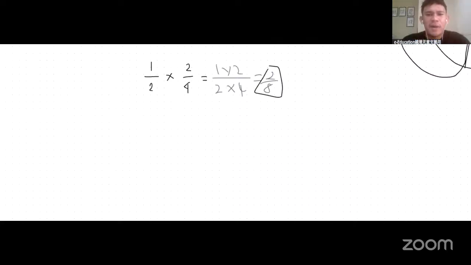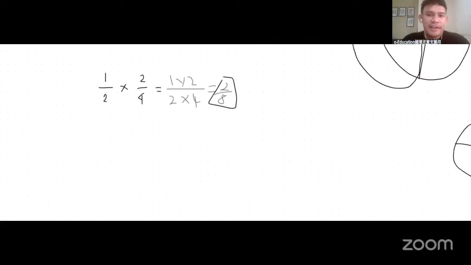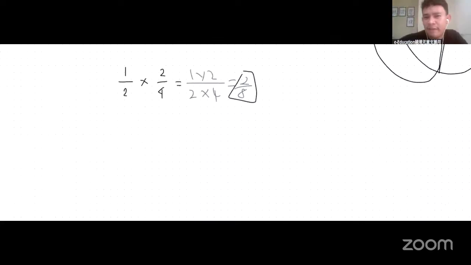So what number between 2 and 8 can we divide both by? 4? Can we divide 2 by 4? Or it's too big? Too big. So how about another number? 1 is right, but I think there's a bigger number than 1. 2, yes, exactly. Because we can divide 2 by 2 and 8 by 2, right?